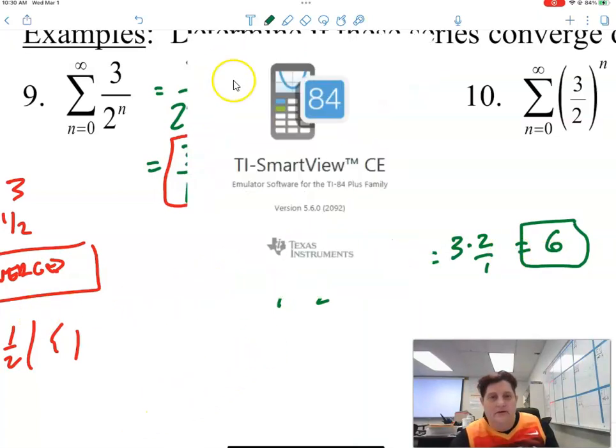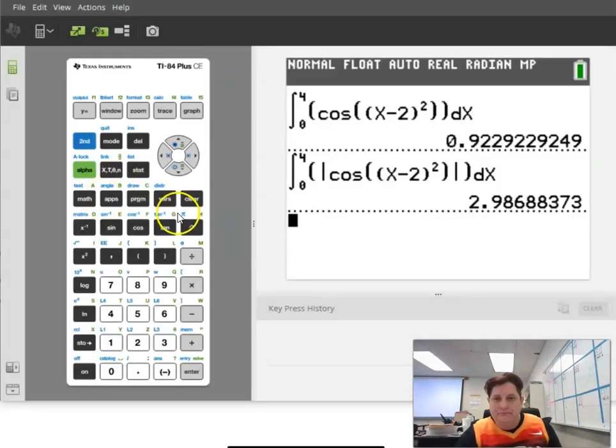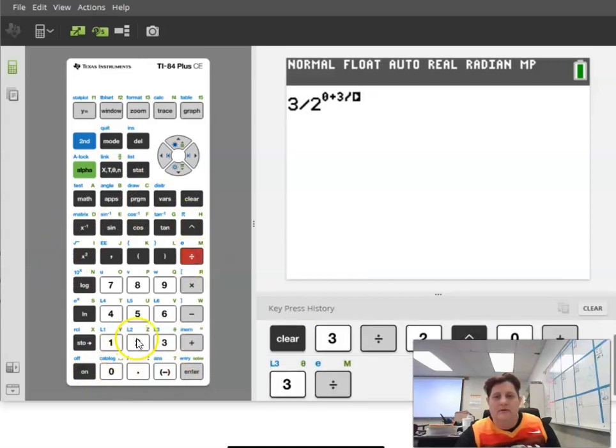Let me get this calculator app to pull up. Come on, buddy. All right. 3 over 2 to the 0, 3 over 2. Oh, shoot. Dang it, I forgot I have to come back down.